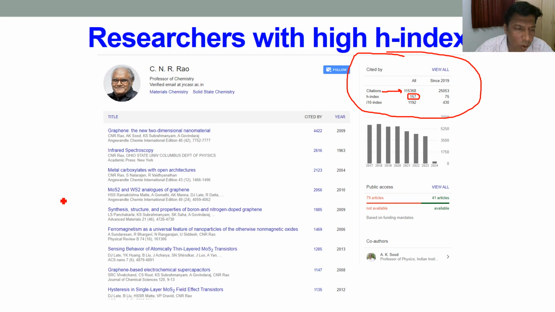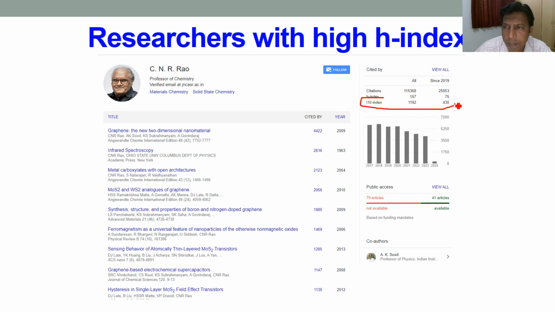There is one more indicator which is given only by Google Scholar, and that is the i10 index. The i10 index means the total count of papers having citations more than 10.